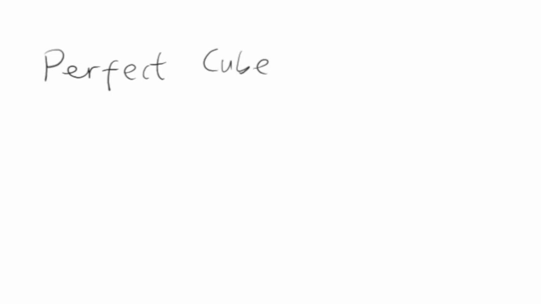If you talk of perfect cube, it is a number that is a product of 3 equal factors, and then cube root is one of 3 equal factors of a number. So just as square root and perfect square, cube root and perfect cube, the only difference is in square we're talking of 2 and in cube we're talking of 3.